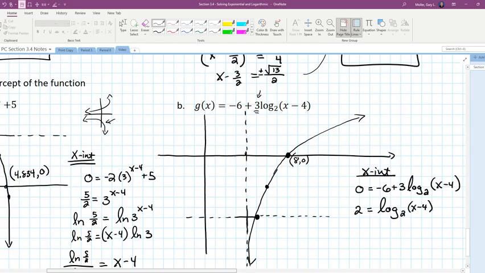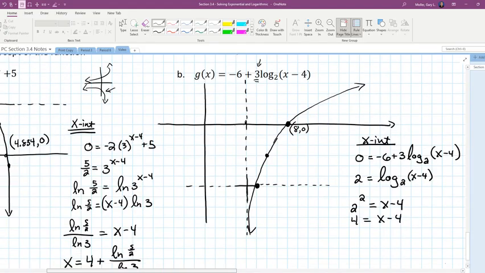I can exponentiate or just switch around. Either way, I'm going to be left with 2 squared equals x minus 4, or 4 equals x minus 4, and obviously I get x equals 8, which is what we got graphically. There's no need to find the y-intercept because we never are going to get there.